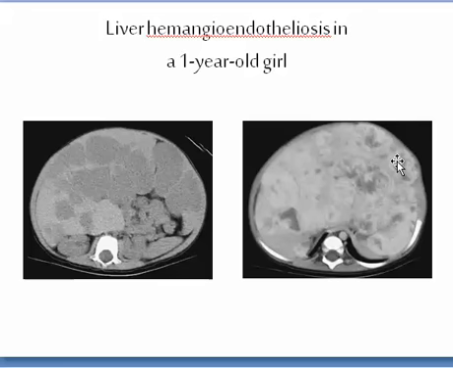Hemangioendotheliosis has a peculiar picture of multiple lesions showing irregular necrosis at the center. Hemangioendotheliosis is the first possibility in liver neoplasms of infancy and childhood period.